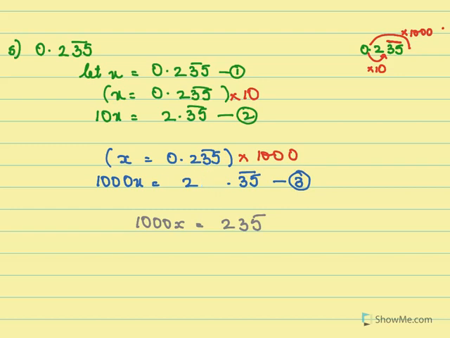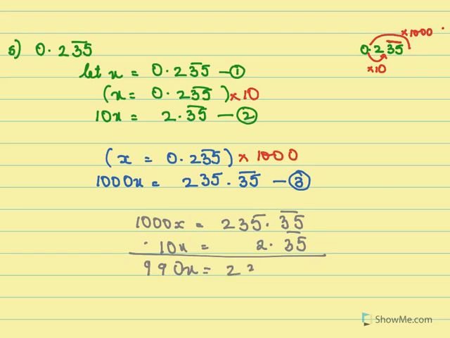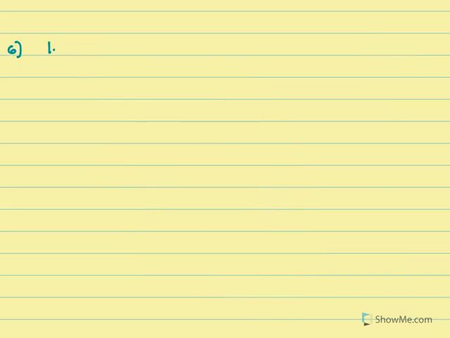Yes, here I should not be putting this bar here, I should just be putting 35. So here I have 235.35 bar, and here I have 10x equal to 2.35 bar. On subtraction, I'll get 990x equal to 233.00. So x equal to 233 over 990. That's your answer.